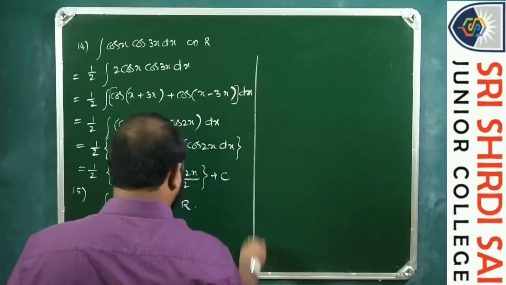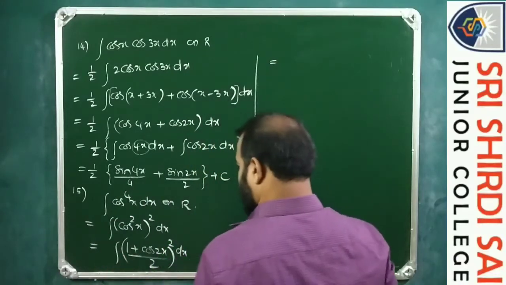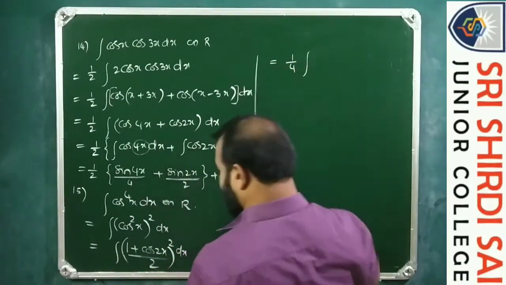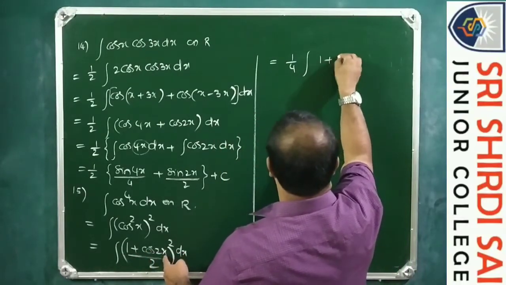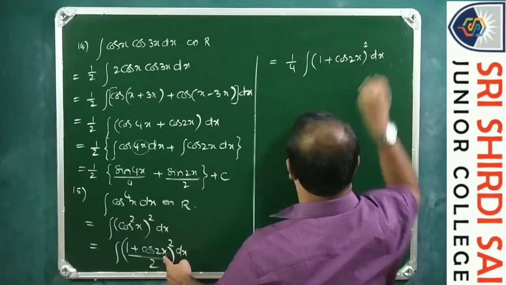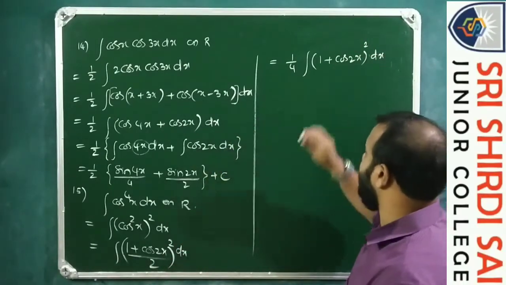So this is equal to 1 by 2 whole square, which is 1 by 4, integral (1 plus cos 2x) whole square dx. This I have written here.